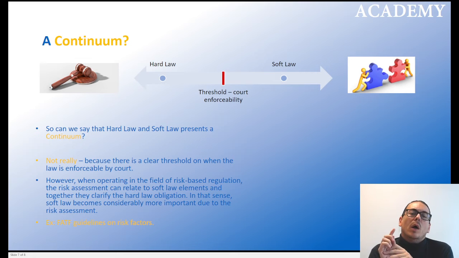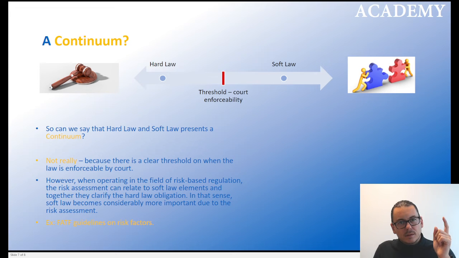But if you look into the EU law regarding money laundering, you will see that it is a part of the regulation that you need to look at the FATF guidelines. So before you know how to comply with the hard law, you actually also need to look at a soft law parameter of a risk assessment, even though it's not hard law in itself.